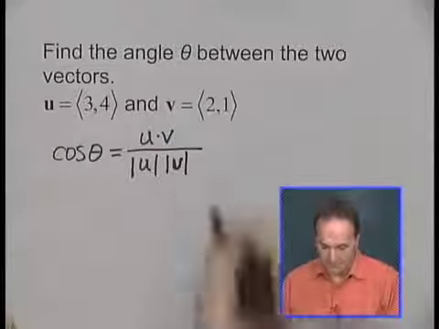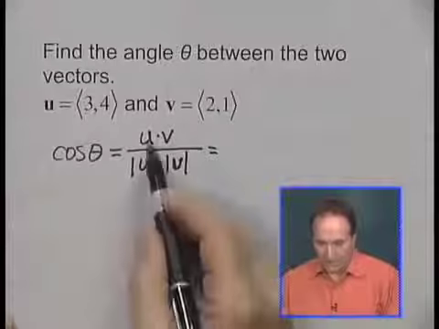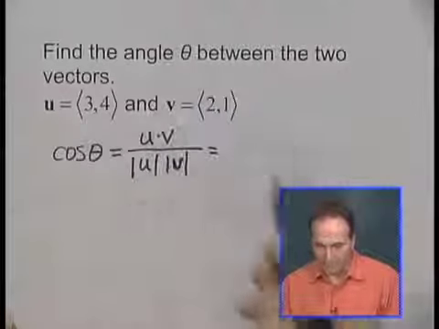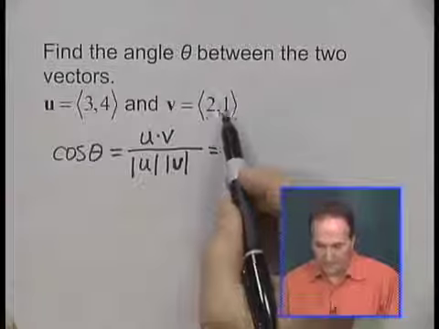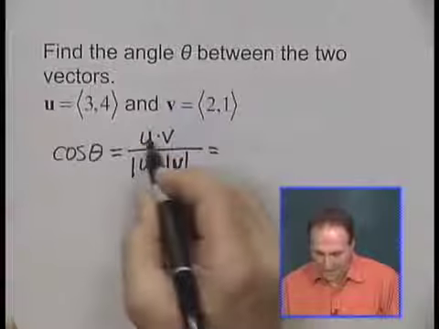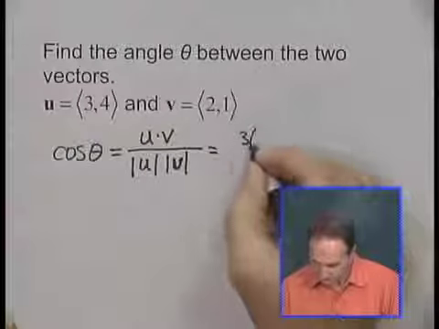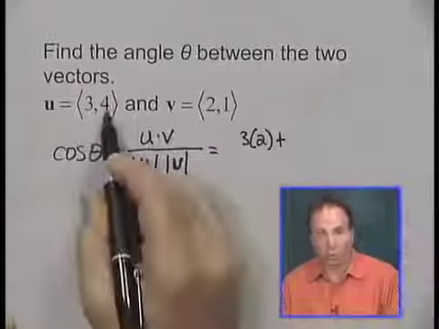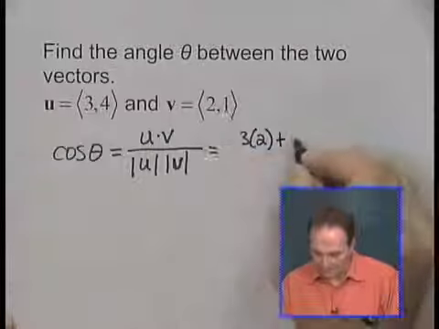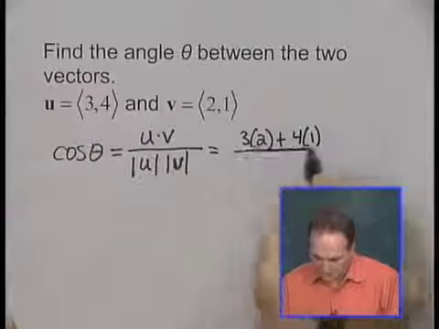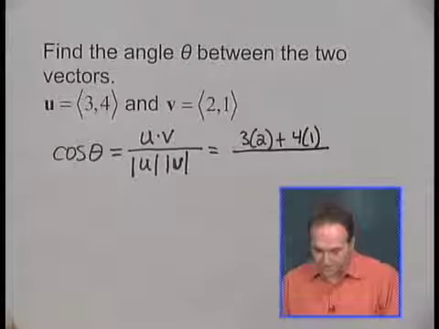Substituting in the values, for u, we have, of course, vector 3, 4, and for vector v, 2, 1. So we have 3 times the 2 plus 4 times the 1, which gives us the dot product u dot v.